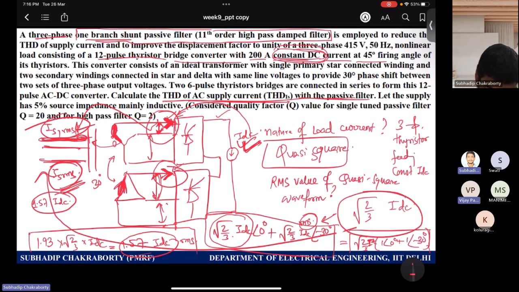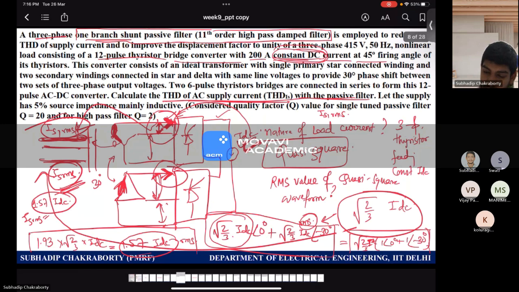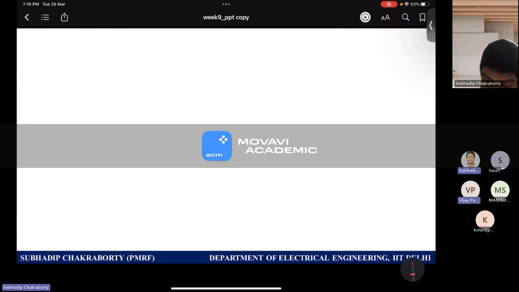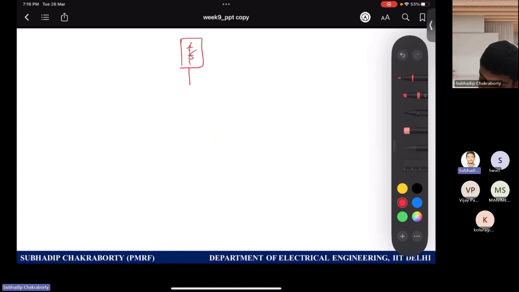So now I got IS RMS. What is IS1 RMS? Let us apply the power balance. Up to this you understood, right? Now you see you have the thyristors, and then you have a cascaded configuration.